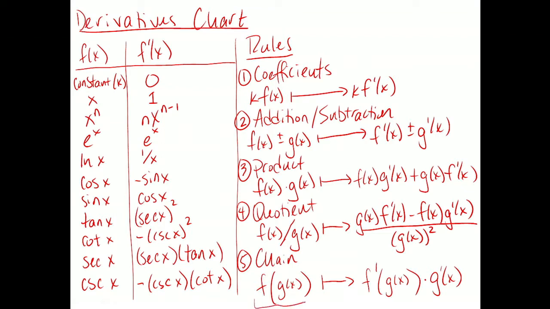If you see something that looks like this, just do the derivative regardless of the fact that it's g of x in there and not just plain x, but then attach to it via a chain, sorry, that's a terrible chain link, that g prime, the derivative of g. It's kind of like a trailer to the main ship, or to the main truck. You attach that onto the end with a chain.